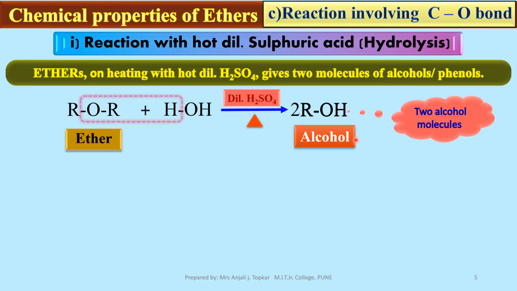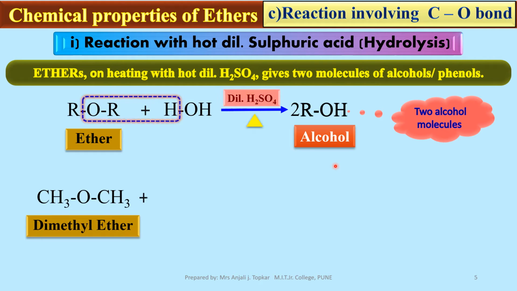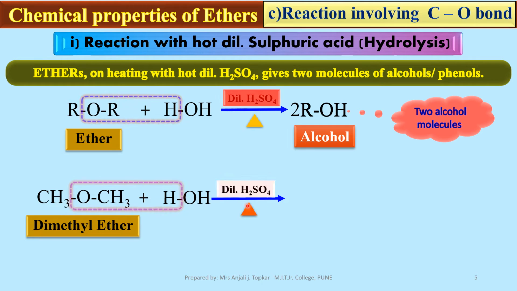Dimethyl ether plus HOH undergoes hydrolysis in the presence of dilute H2SO4. As we can see here, the highlighted part carries CH3OH, that is methyl alcohol, and this OH gets bonded to the methyl group to form two molecules of methyl alcohol or methanol.